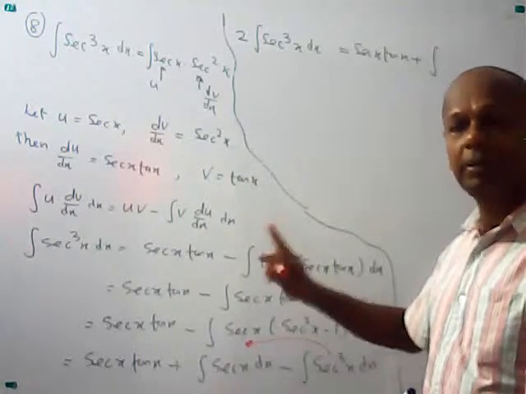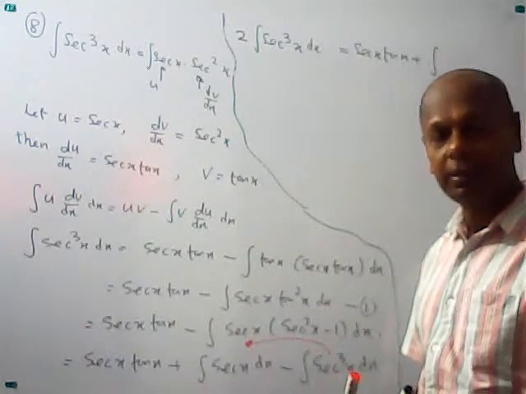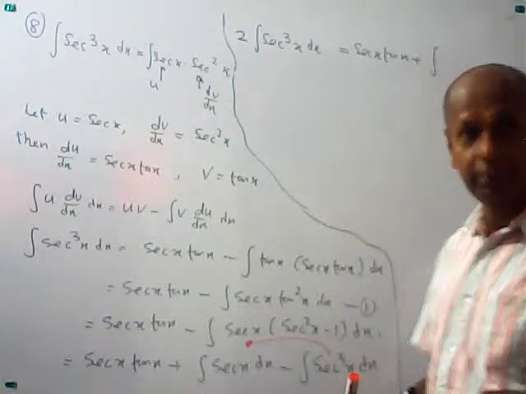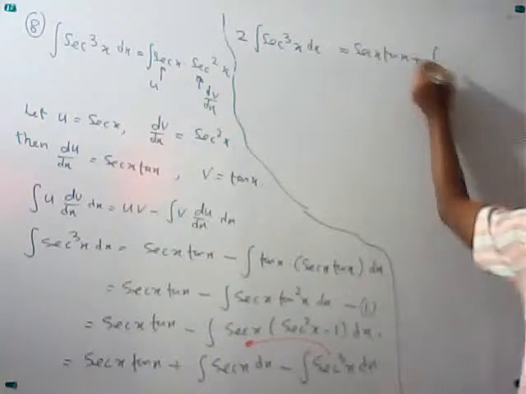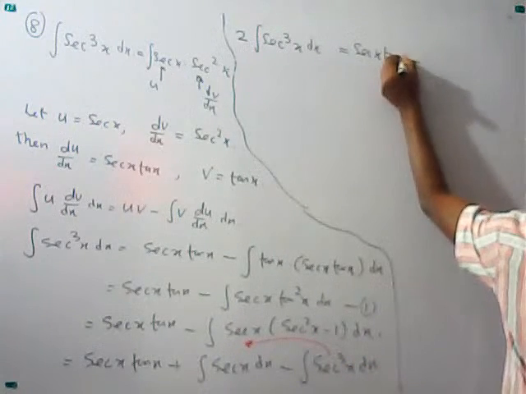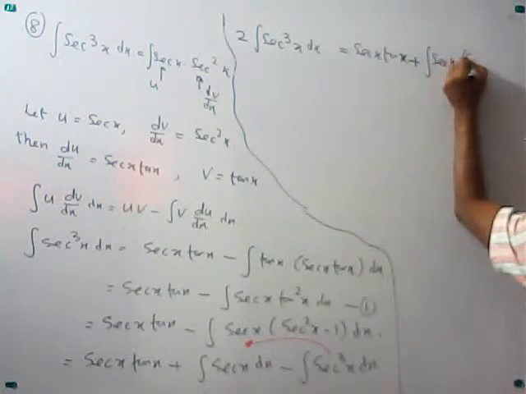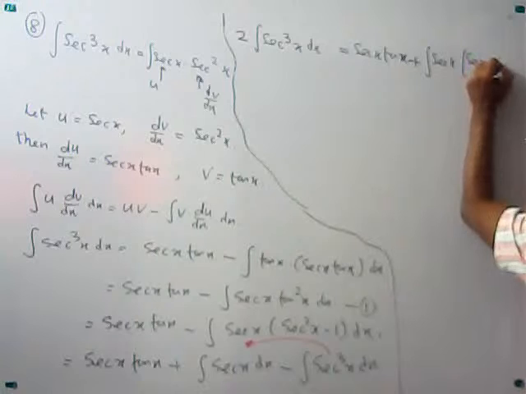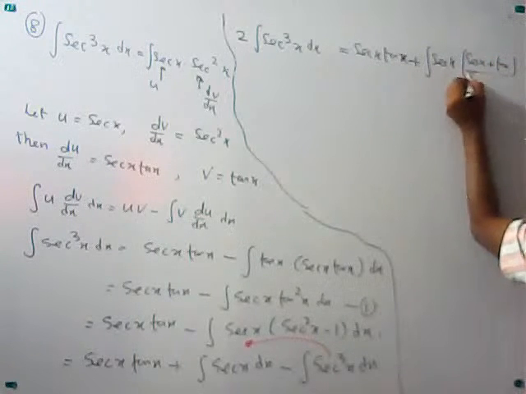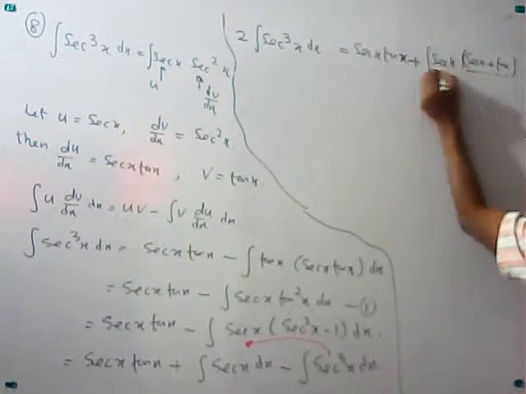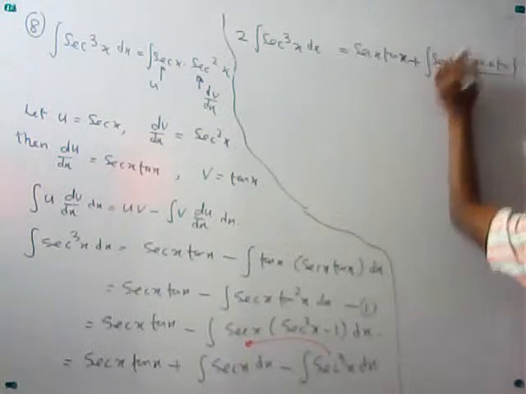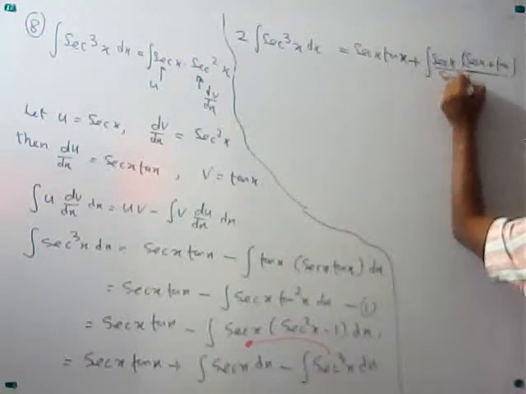You have to multiply and divide by sec x plus tan x: sec x into sec x plus tan x divided by sec x plus tan x.